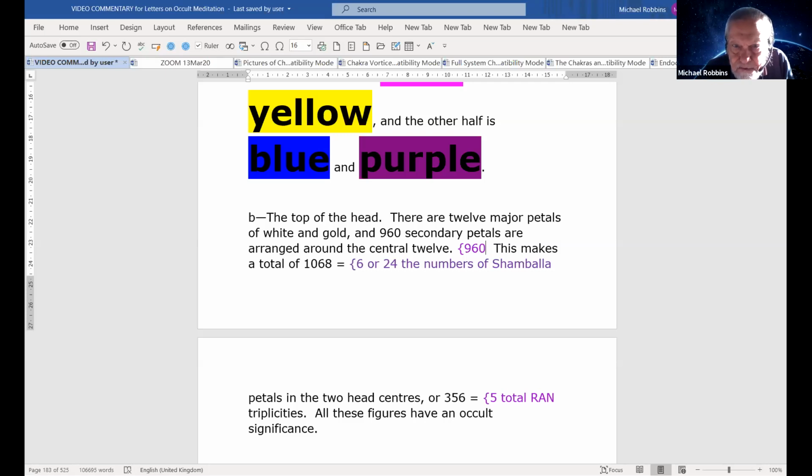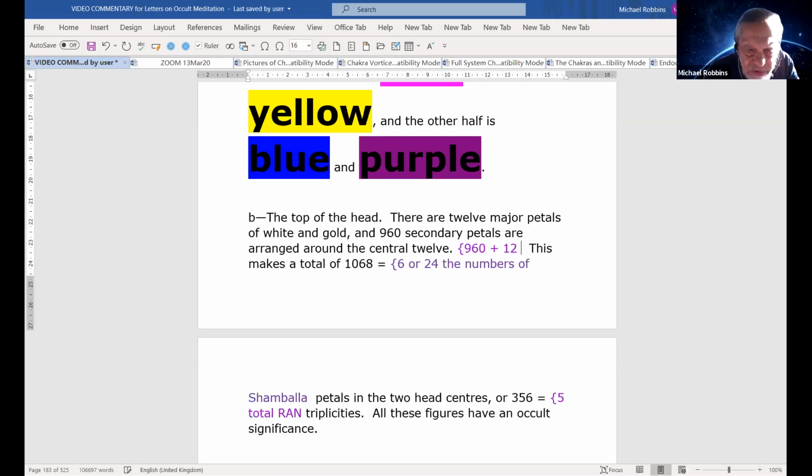So 960, and the number there is 15, or 6, plus 12 equals 972. Now, there are various ways to combine these, and we could play with them.